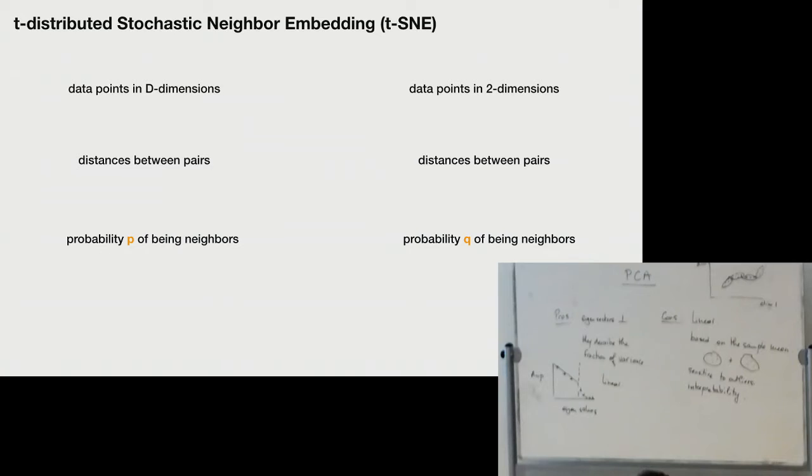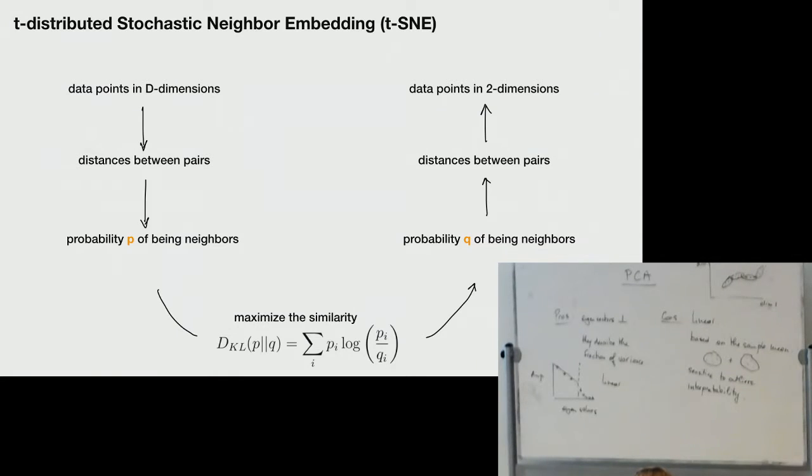Now, t-SNE has to do a mapping between one distribution P to a distribution Q. If we want to do that in a very generic way, one possibility is to use the KL divergence. So what we want to do here is to maximize the similarity between the distribution P and the distribution Q.